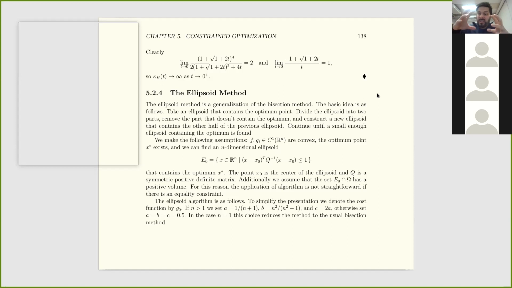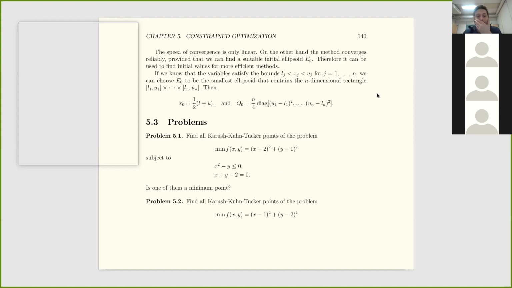So it's actually not getting smaller very fast, especially as the number of iterations grows bigger.